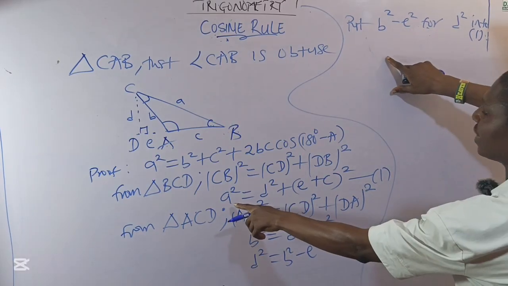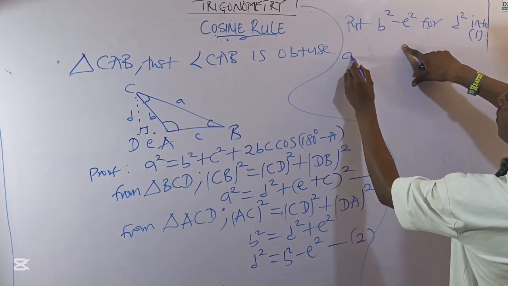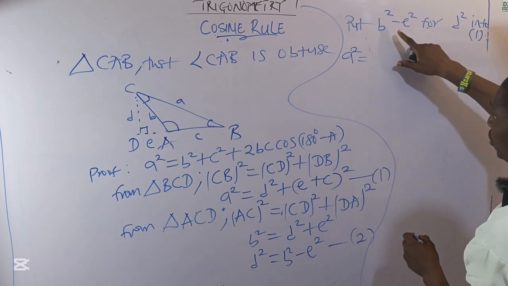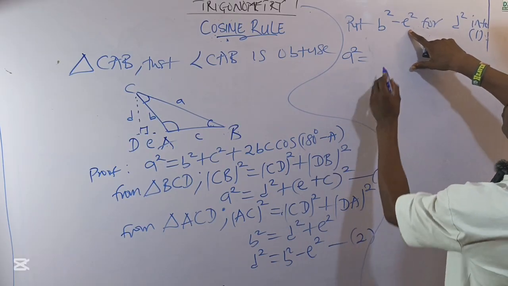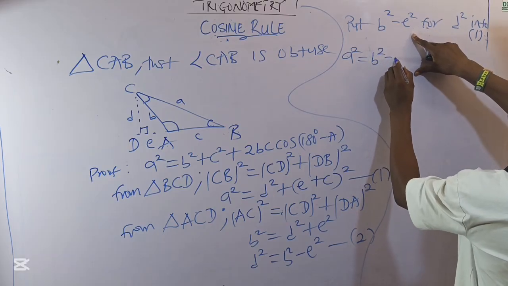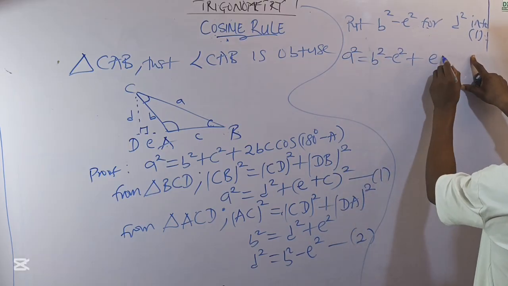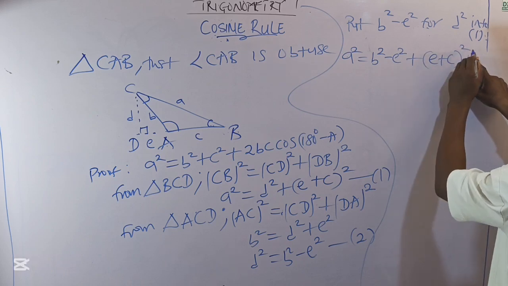So if I do that, from equation 1, I'll have a square equals, in place of d square, I'm putting this, remember. So I'll have b square minus e square plus e plus c, all square.